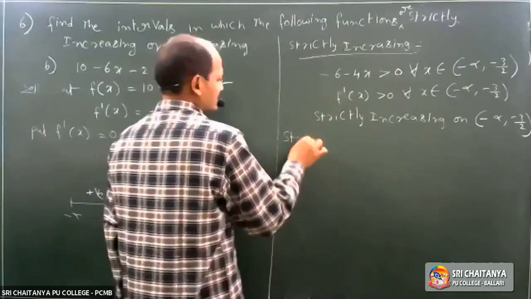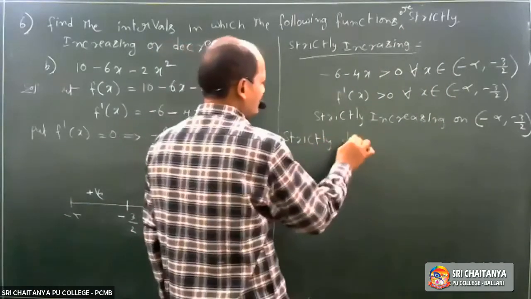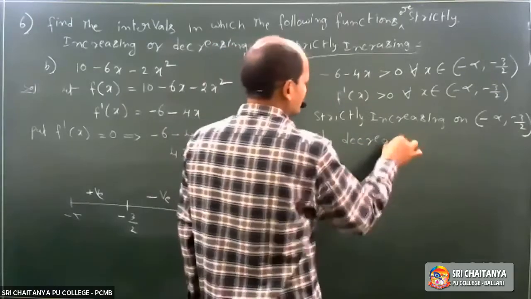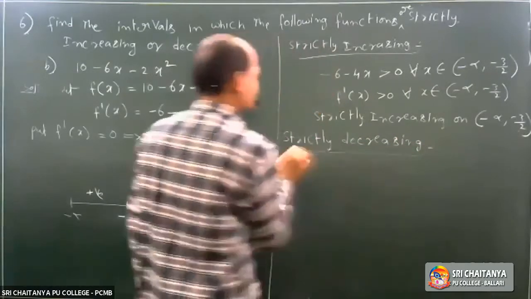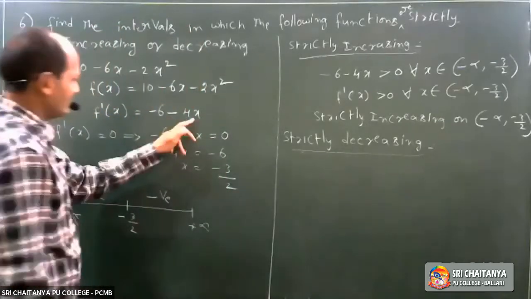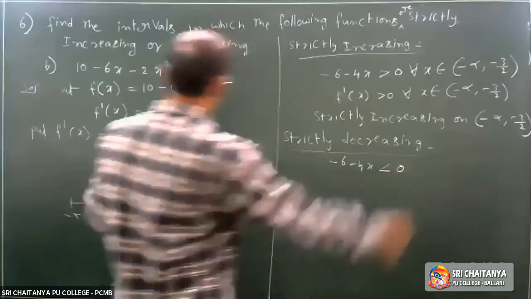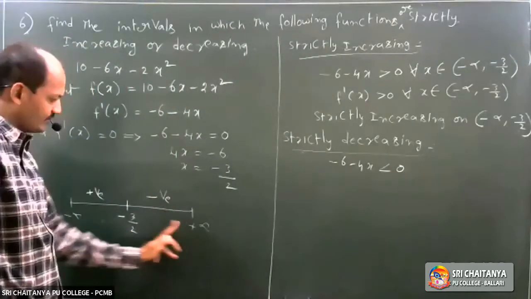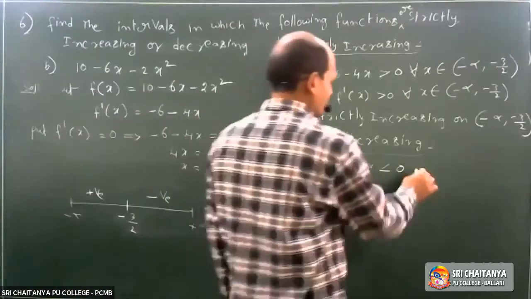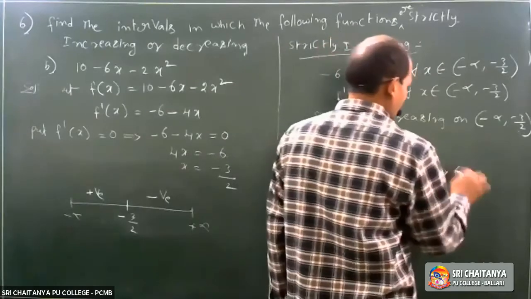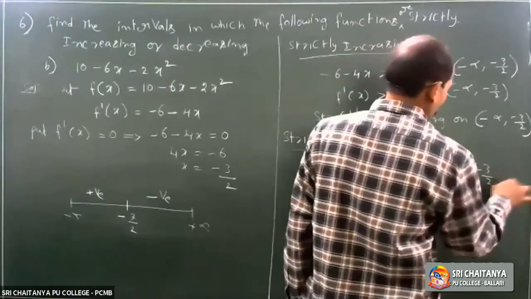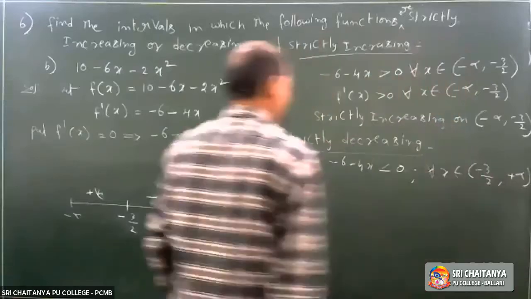Strictly decreasing. So the first derivative minus 6 minus 4x is less than 0, negative, in this interval for all x belongs to minus 3 by 2 to plus infinity.